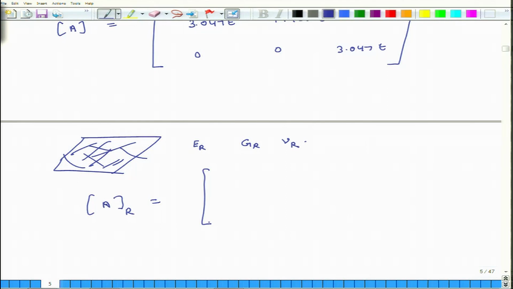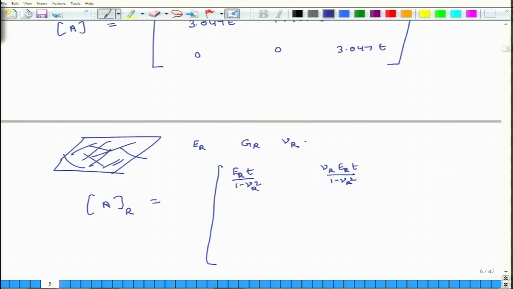It will be ER times T divided by 1 minus nu square. We are using the same relations which we initially showed for an isotropic plate. This is nu R ER T by 1 minus nu R square.